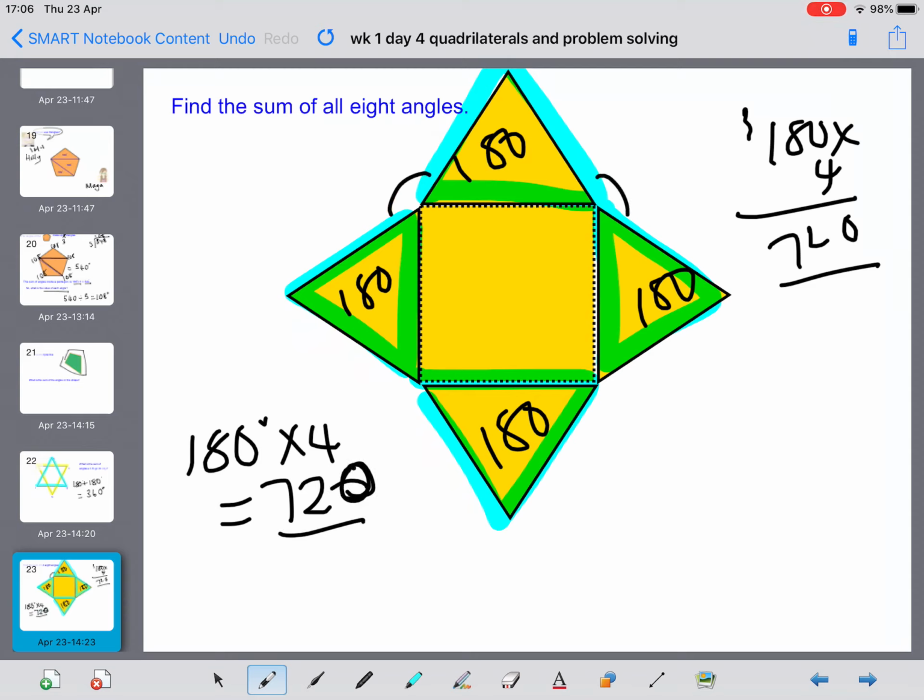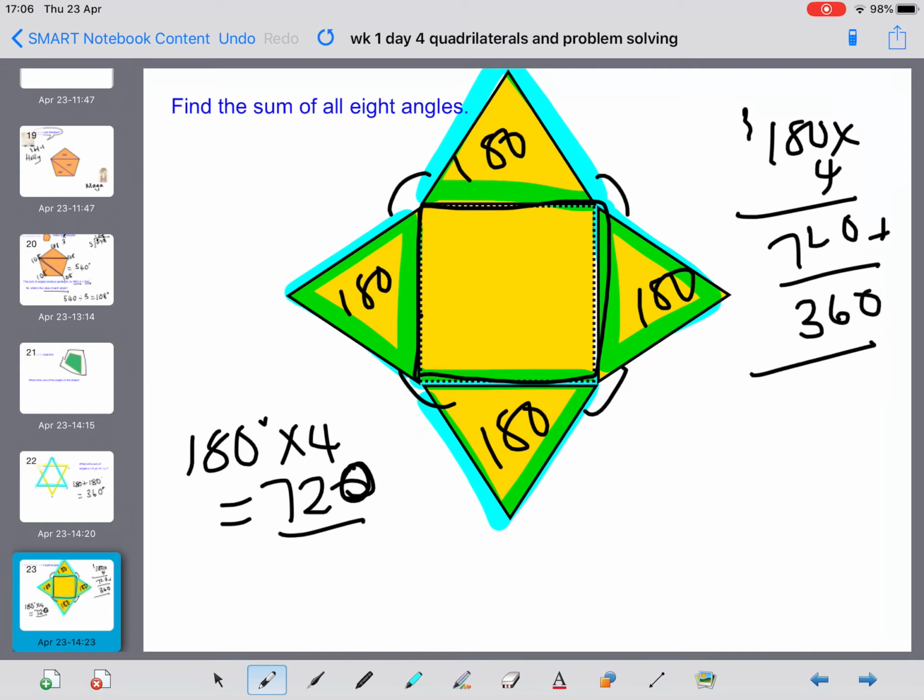Okay, but that's not the end of it, is it? Because you've also got these angles here. So there are altogether 8 angles. We've got these 180s. We've also got a square in the middle. What are the angles of a square add up to?